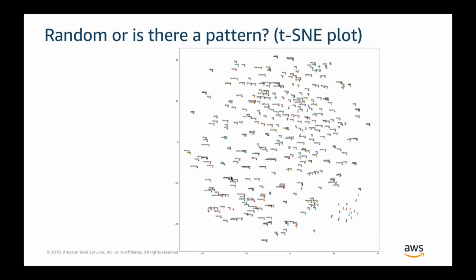This captures the data points that are close together and the data points that are farther away. This helps us visualize a high dimensional space with the human eye. This is from one of the runs that I ran using BlazingText.